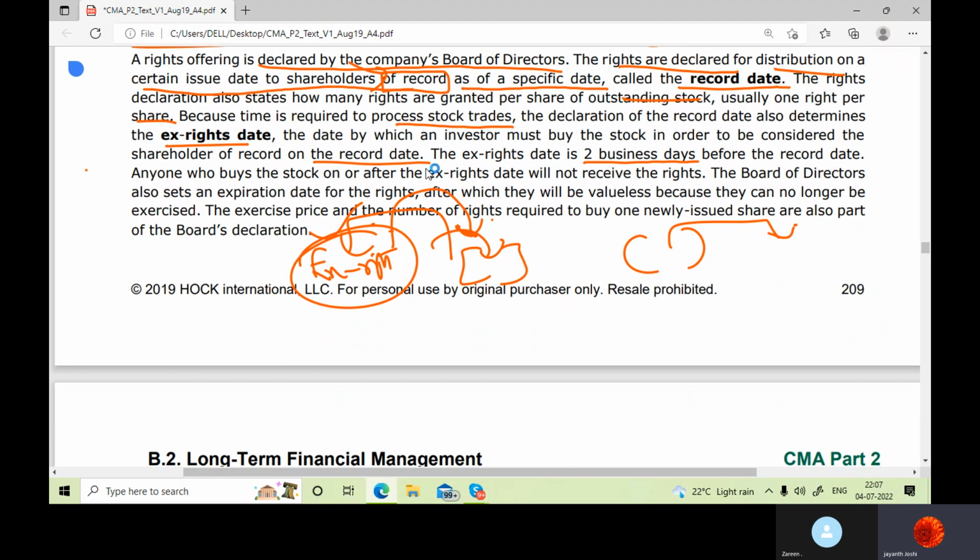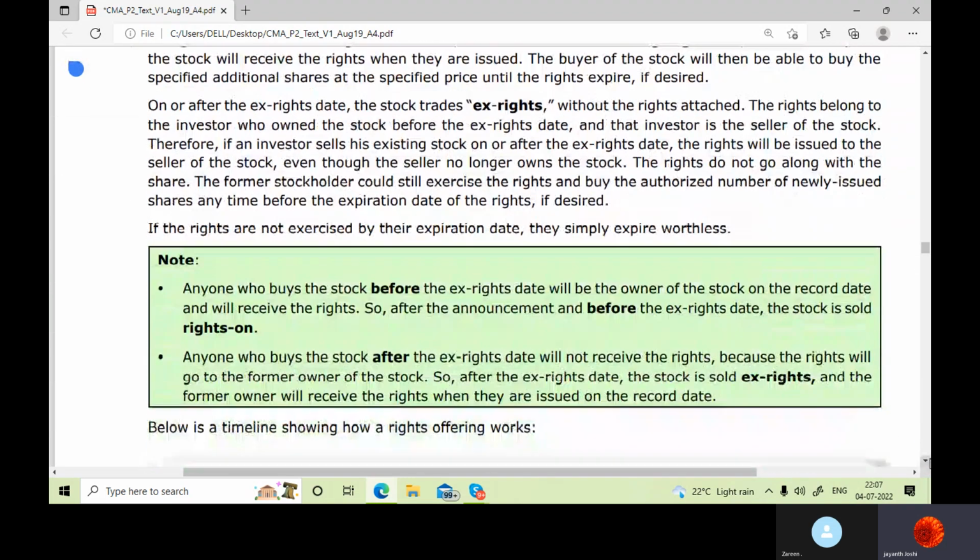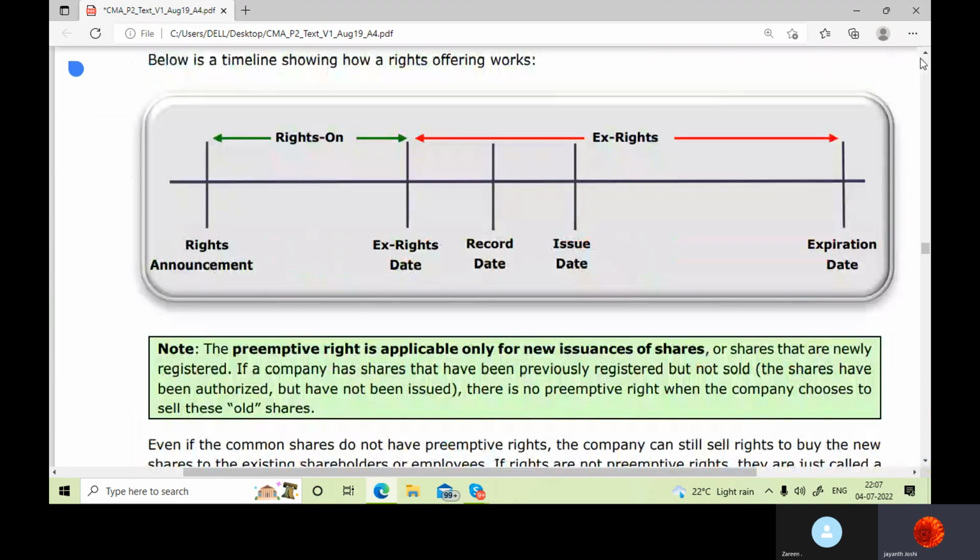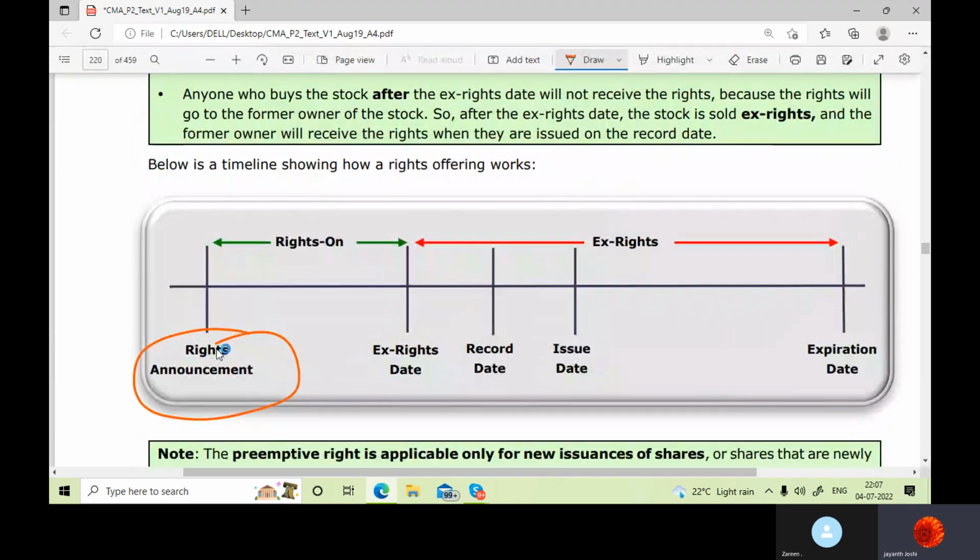Anyone who buys the stock on or after the X rights date will not receive the rights. The board of directors also sets an expiration date for rights, after which they no longer exist and will be worthless. So here you can see, first the rights are announced, then the rights are still on, that means you can apply for it.